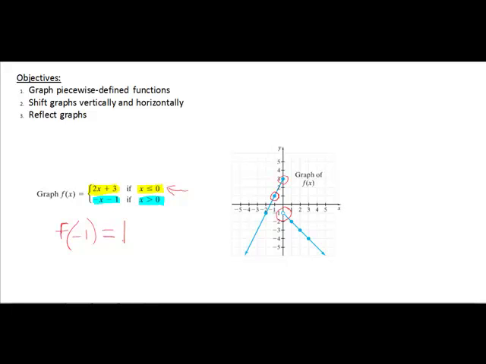You could have just looked at our equation over here and say, okay, x is negative 1, that is less than 0, so that means I'm going to use this top equation here. So I'm just going to plug negative 1 in right there for x. 2 times negative 1 plus 3 equals 1. So that's where 1 comes from.